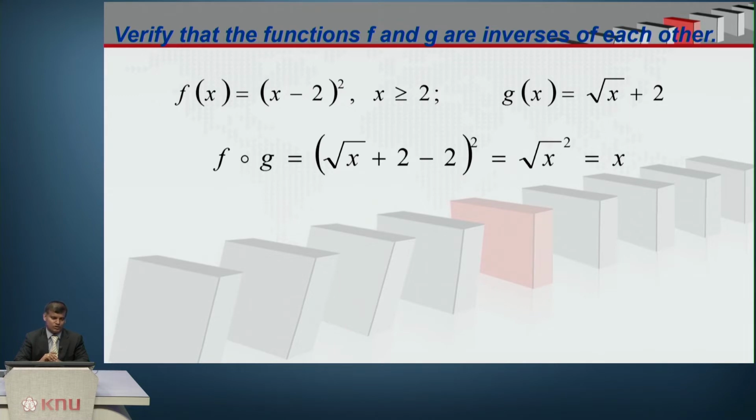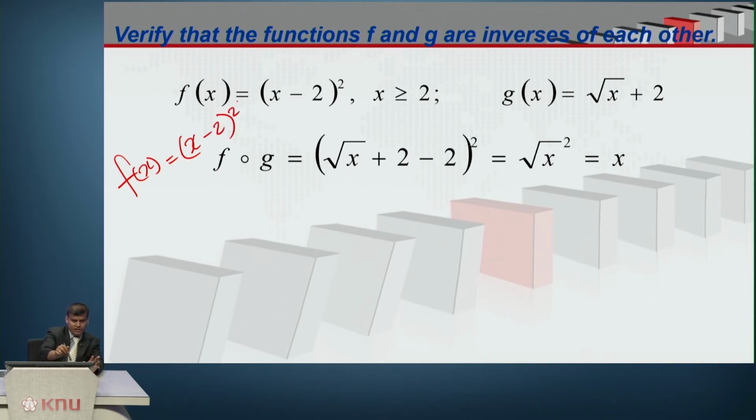We call it composition, in which you have two functions involved. So f composition of g equals (root of (x plus 2) minus 2) the whole square. Can you see what is happening here? Initially what you had is f of x equals (x minus 2) the whole square.